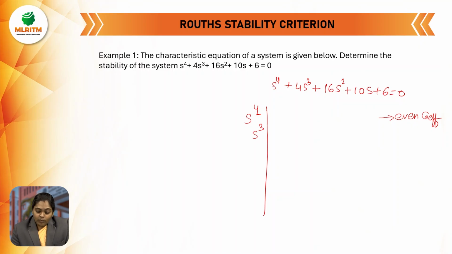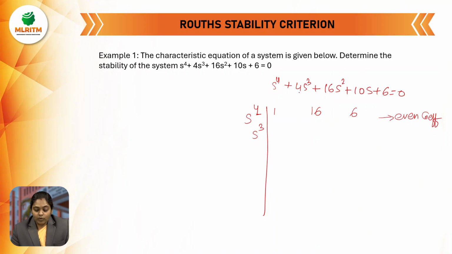So the s power 4 coefficient is 1. After 4, what is the next even coefficient? 2, so I am writing the coefficient for s square, which is 16. Similarly, after s square, the coefficient of s power 0 is 6.